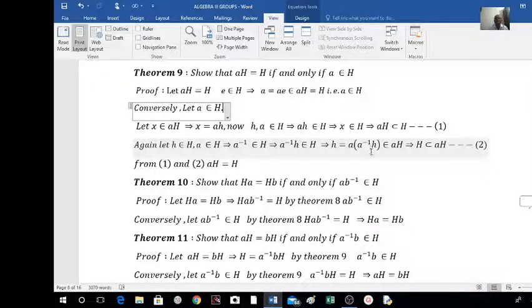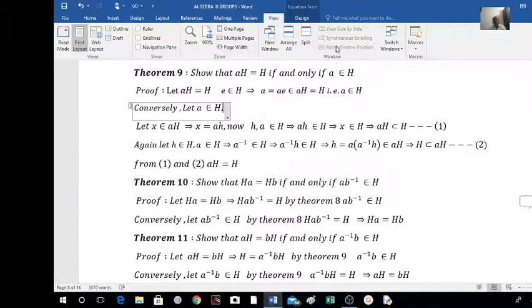If this is an element of H, then a times an element of H means that h belongs to AH. Every element of H is an element of AH. This shows that H is a subset of AH. I will take this as 2. Now from 1 and 2 we can write H is equal to AH, that is, AH equal to H.